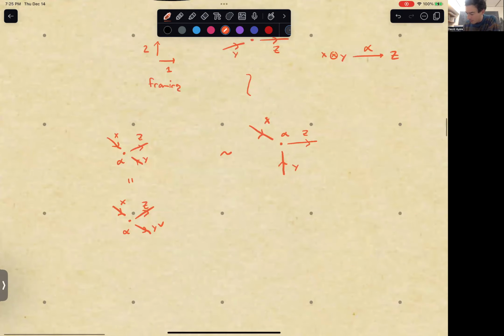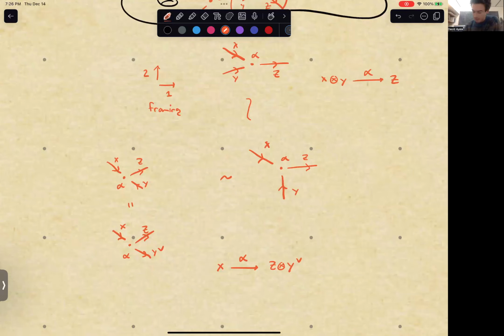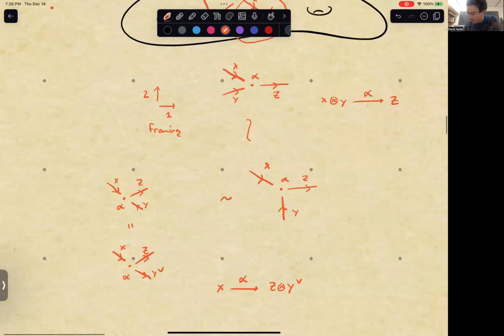And that I can interpret as a morphism from x to z tensor y dual. So good thing we're in a rigid category. Rigidness was a condition that I didn't say for that definition up there, so that this kind of maneuver is allowable.